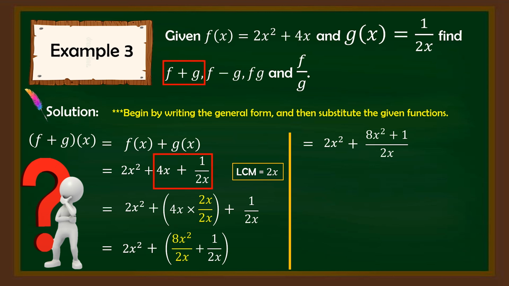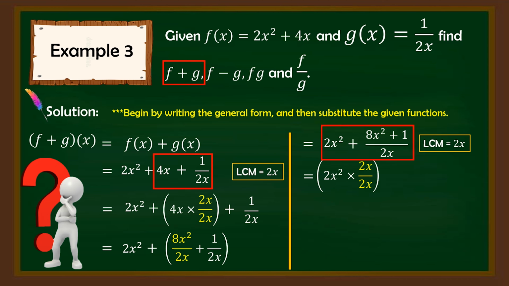Since the other one is a whole number and the other one is a fraction, the same with the previous example or solution, we will find first the LCM, which is 2x. By that, 2x squared times 2x over 2x plus 8x squared plus 1 over 2x.